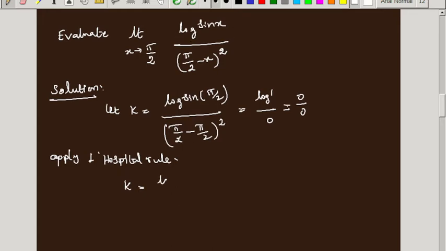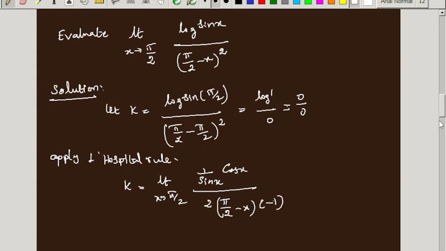So differentiation of log is nothing but 1 by sin x, and the differentiation of sin x is nothing but cos x dividing by, so here pi by 2 minus x whole square is there, x square differentiation is nothing but 2x, so instead of x we have pi by 2 minus x. Then we must differentiate pi by 2 minus x also. Pi by 2 is 0 and x is minus 1.